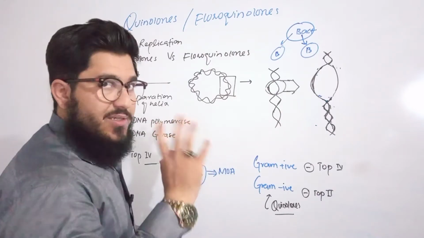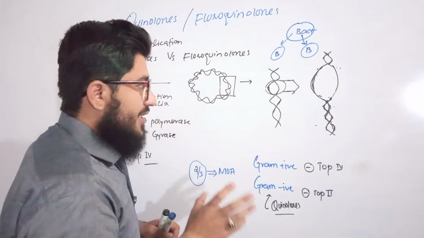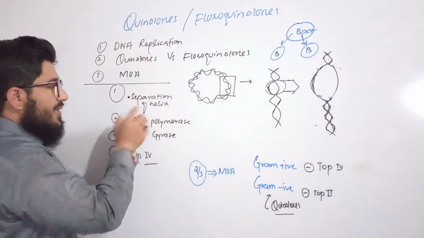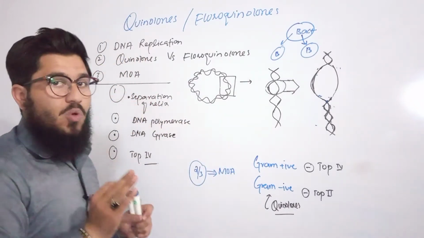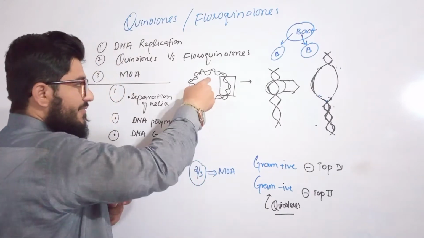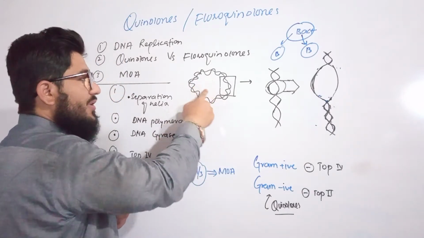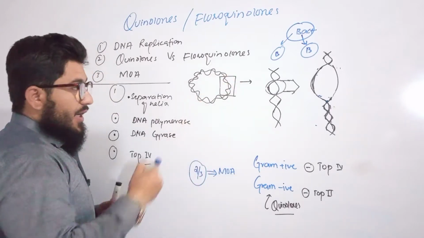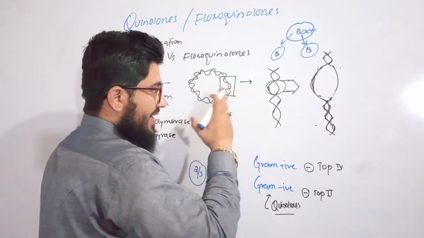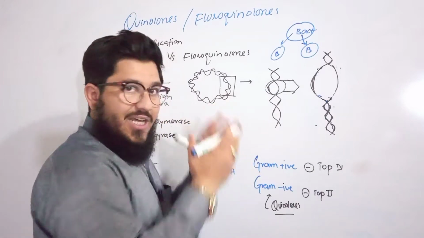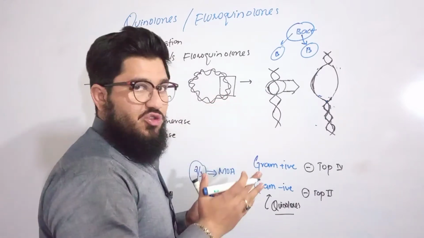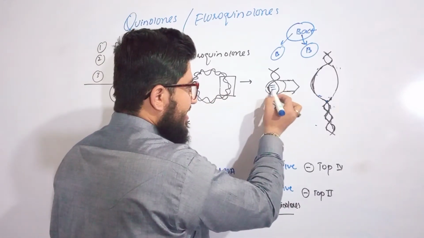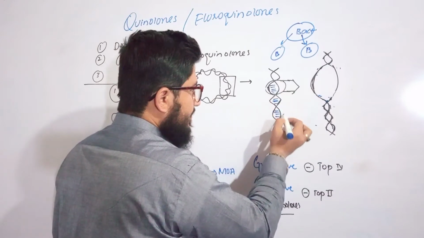So first, let us concentrate on how this replication takes place. First of all, separation of the helical structure is supposed to happen. Now you have this particular DNA, circular DNA in the bacteria. Let's zoom into this particular region here. Nitrogenous bases, purines and pyrimidines, are lining up and forming this helical structure. This helical structure has hydrogen bonds.